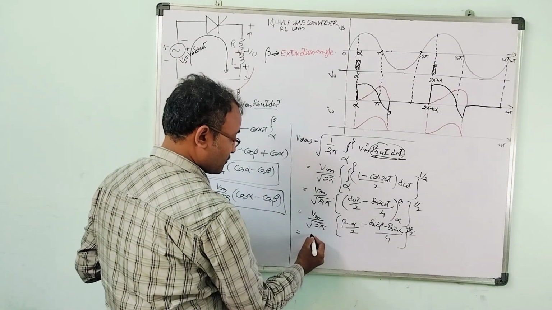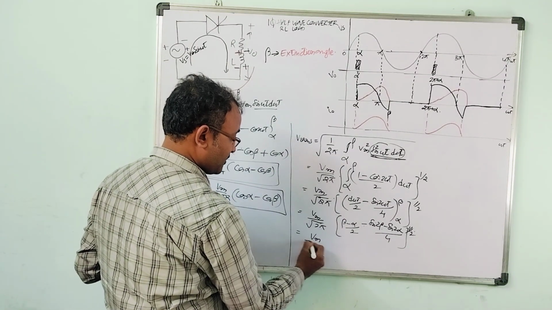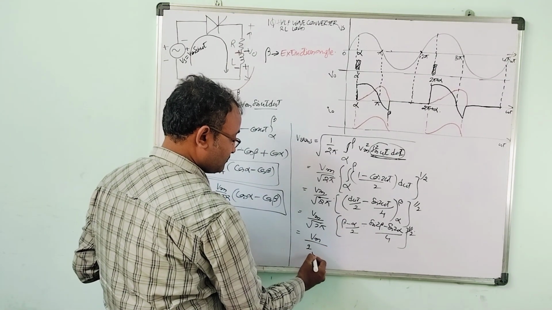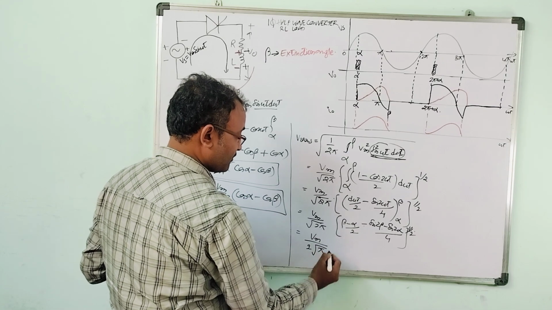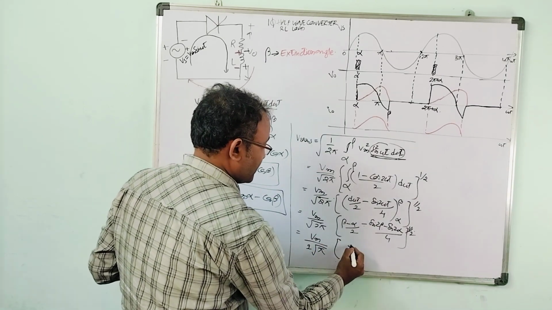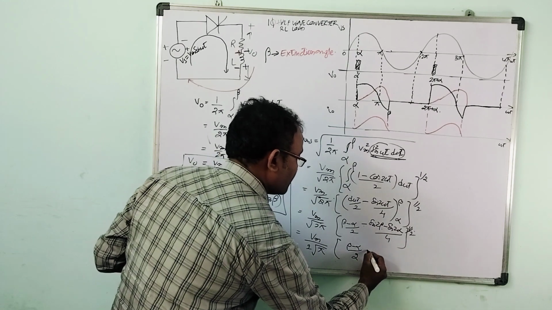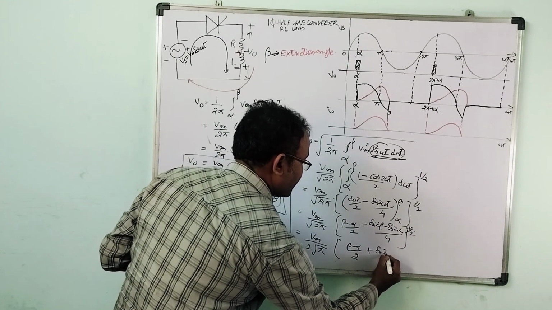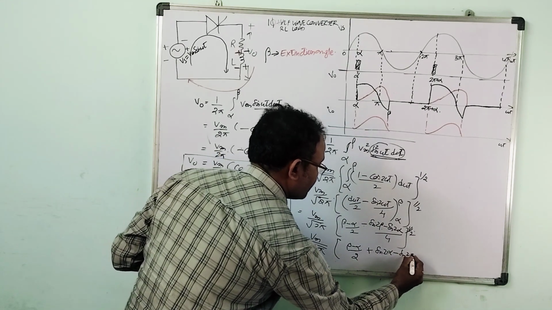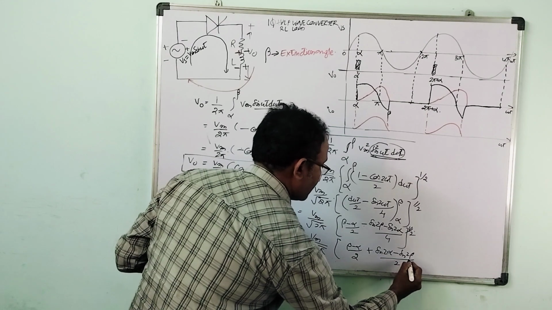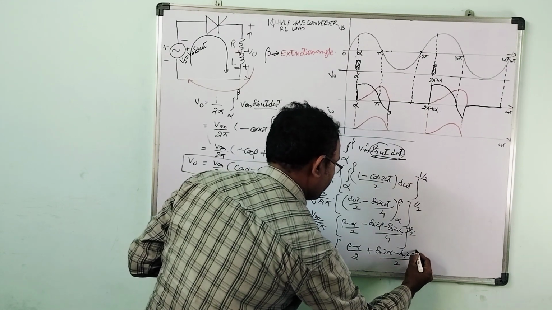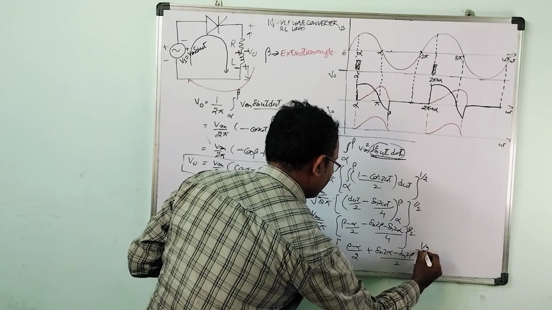Taking 2 outside from the denominator, Vm divided by 2 root pi, and taking out the factor, beta minus alpha divided by 2, plus sin 2 alpha minus sin 2 beta divided by 2, whole to the power of 1 by 2.